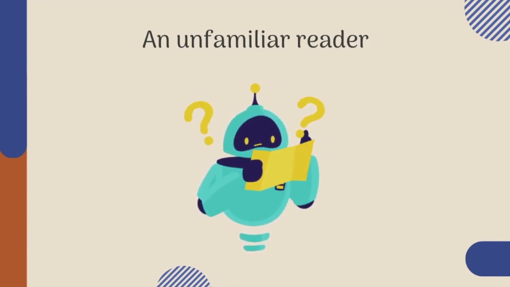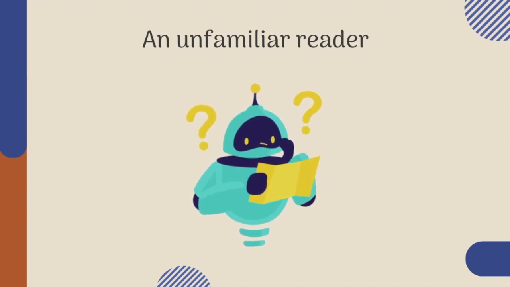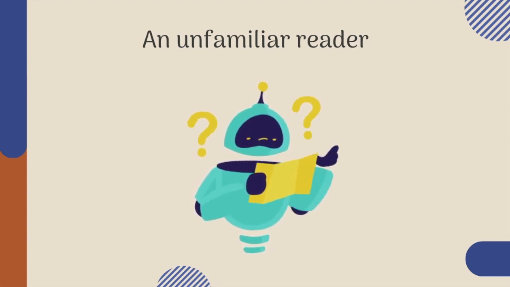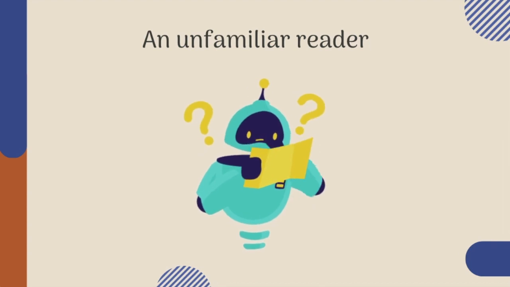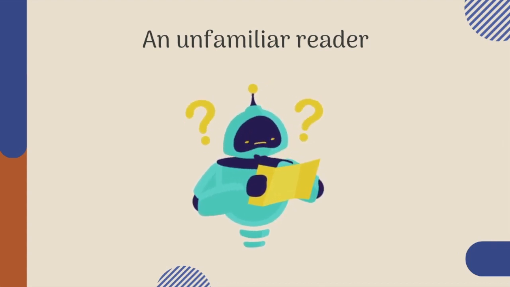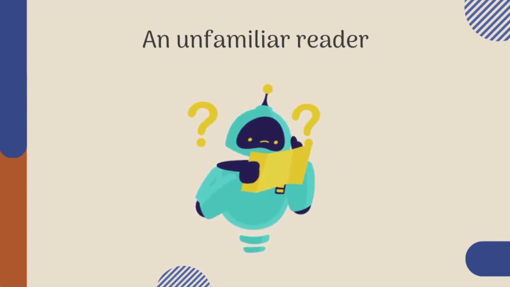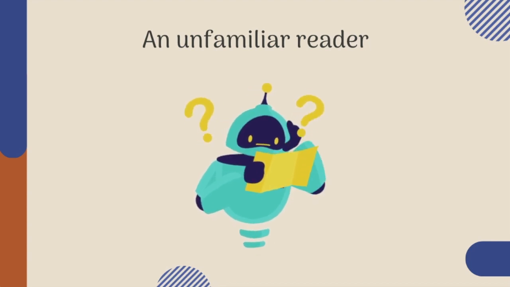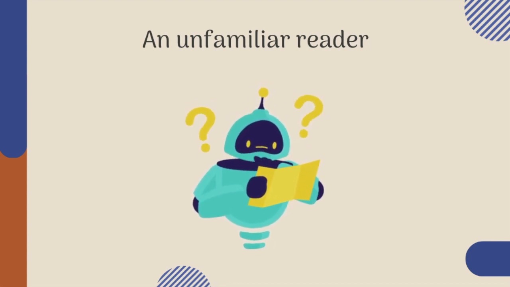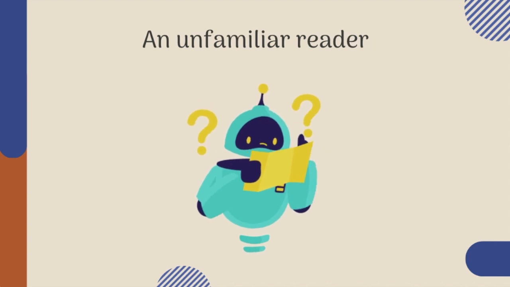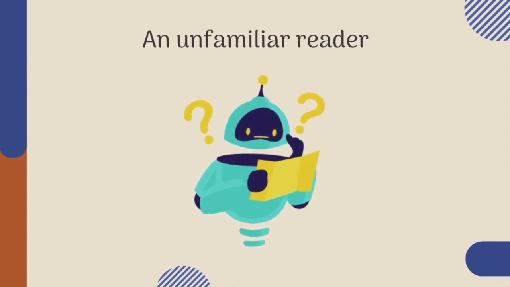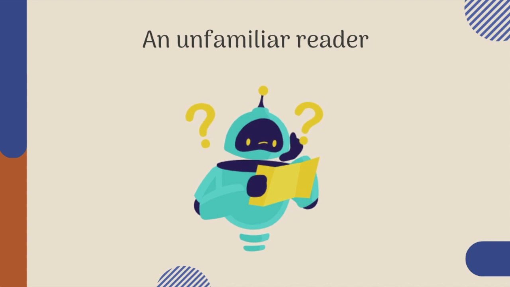It's not written for your parent or for your teacher. It's written for an unfamiliar reader, someone who doesn't know you or who hasn't read the book or who hasn't researched the topic. And it's your job to provide the context to help them understand what you're talking about. You have to imagine your work being read by this unfamiliar reader to make sure you give them context.